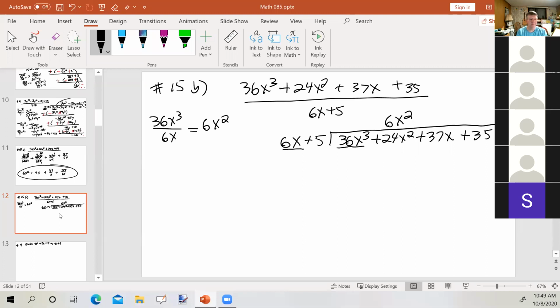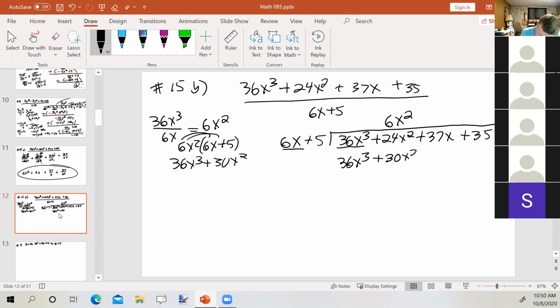All righty. Then we're going to take 6x squared times 6x plus 5, and get 36x cubed plus 30x squared. 36x cubed plus 30x squared.